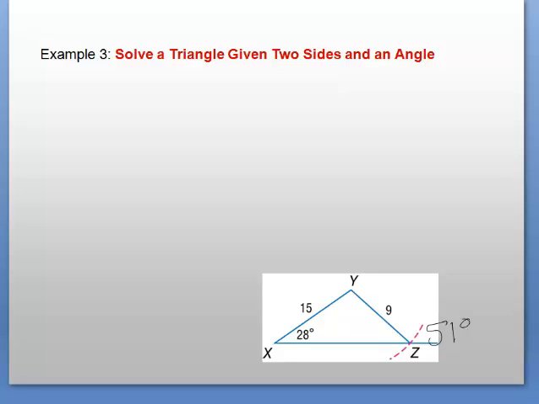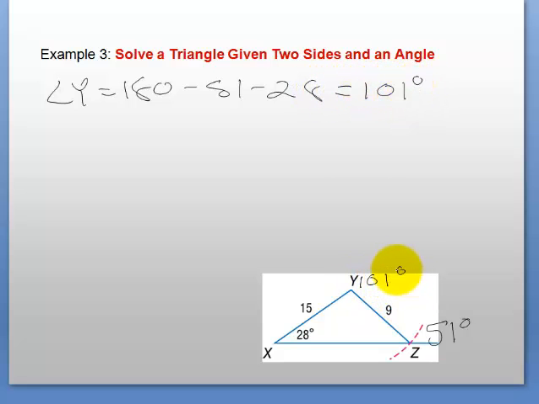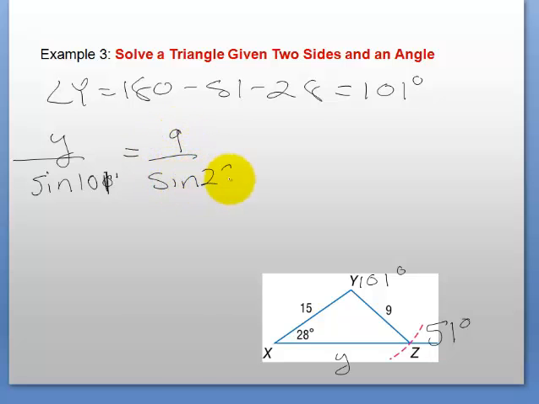So we have our triangle. We found that we have 51 degrees. Now we can find our angle y. That's 180 minus 51 minus 28. And we get 101 degrees, so that's 101. And then we can find our length of y. Y over sine 101 is equal to 9 over sine 28.